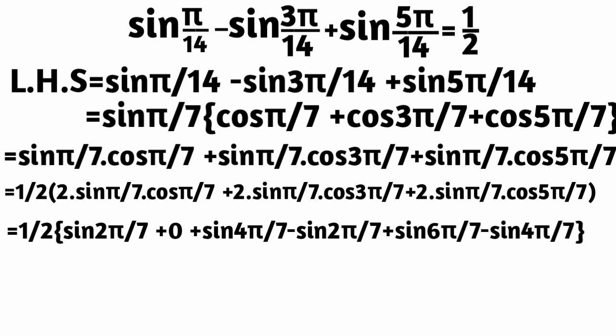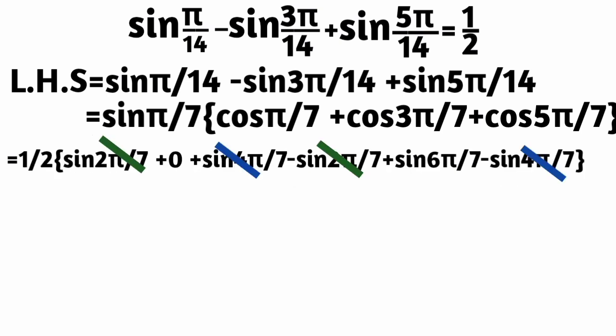As you can see here, minus sin 2 pi by 7 is cancelled out by plus sin 2 pi by 7. Similarly, sin 4 pi by 7, which is negative, is cancelled out by the positive term sin 4 pi by 7.